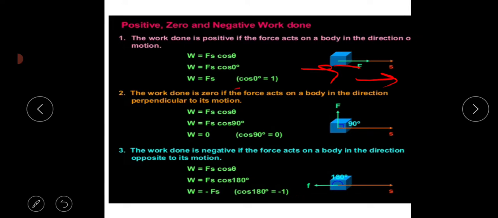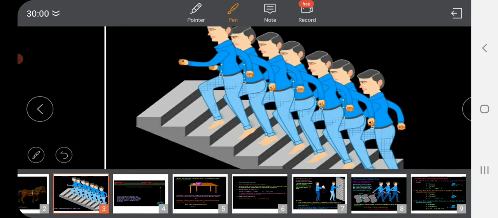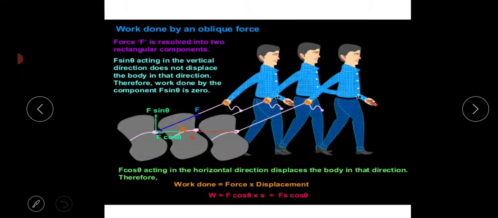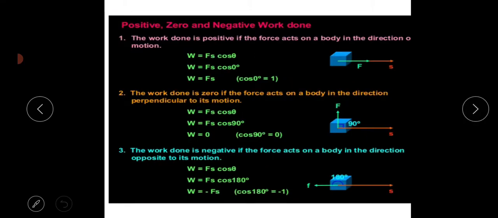Here theta is equal to 0, because they are moving in the same direction, so they are almost parallel to each other, and cos 0 is equal to 1. So F S cos theta is equal to F into S into 1, so W is equal to F S. What did I say? Work done will be positive when force and displacement are in the same direction, because cos 0 is equal to 1. So W is equal to F into S.